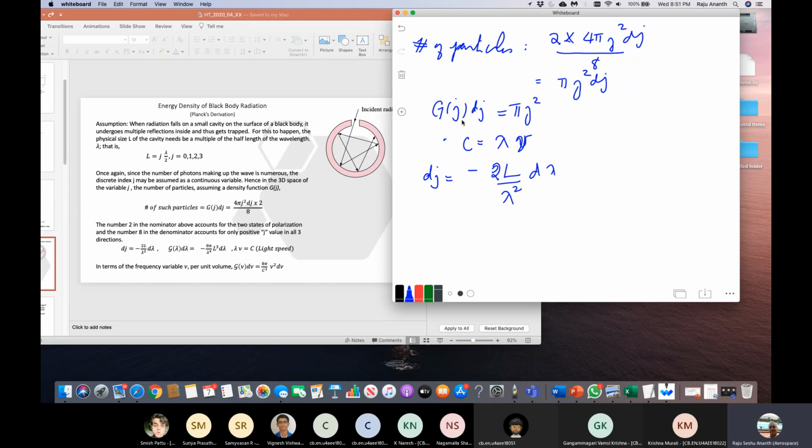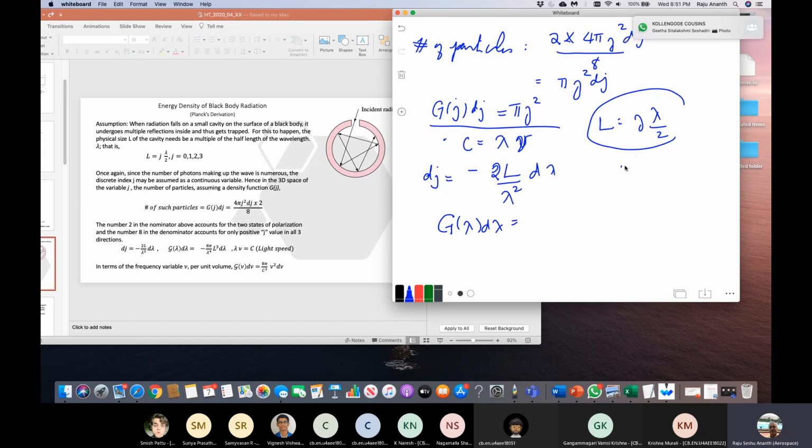So I convert this whole thing in terms of lambda, because of this L square and then again L. Remember, L is j lambda over 2, isn't it? So my j is 2L over lambda.